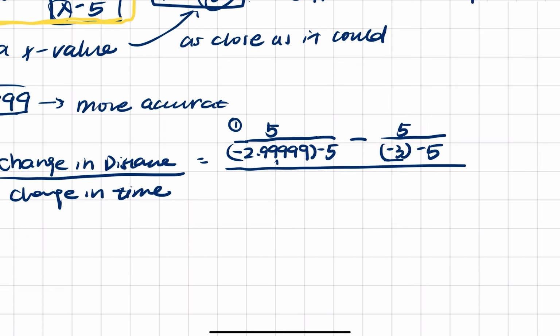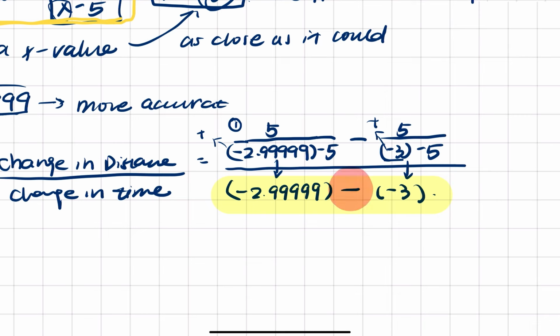And for the bottom part, we're just bringing down the time, because as we know, x value refers to the time. So negative 2.99999 minus negative 3. In this case, it is necessary to put down parentheses, because there is going to be a sign change right here. Negative, negative, it's going to be a positive.